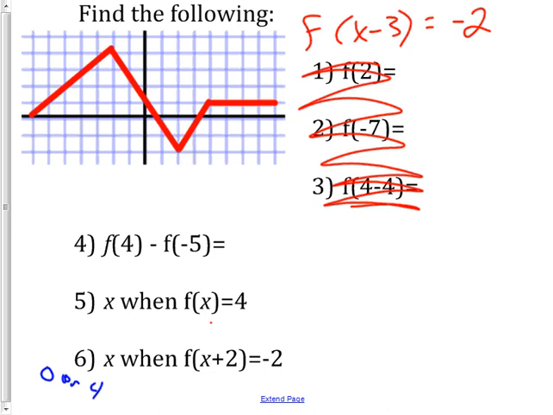Would you tell me what you think I should do here? First step was to figure out if y is negative 2, what did you get? You got negative 2 is this spot right here, so yes, x was 2. So then, what's underneath the blob has to be 2. X minus 3 has to be 2. Did you get negative 1?